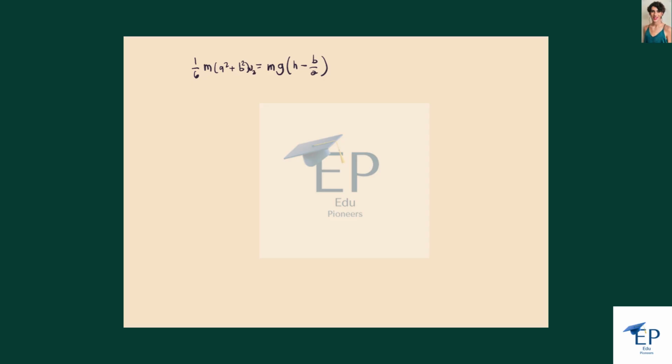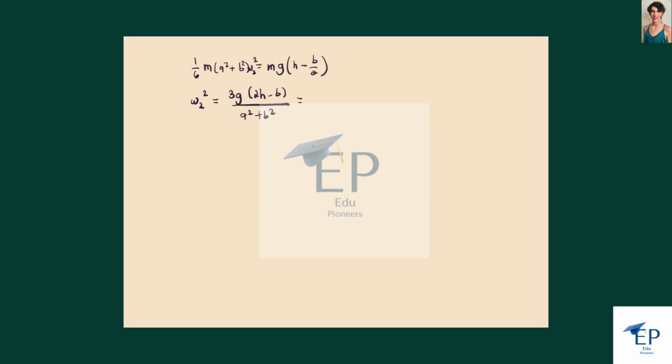From here, we can get the equation for omega 2 squared. Let's just get the square root later on. So this is equal to 3g times 2h minus b, over a squared plus b squared.